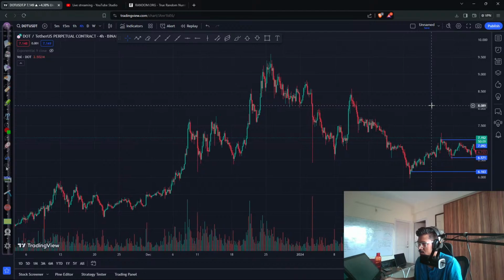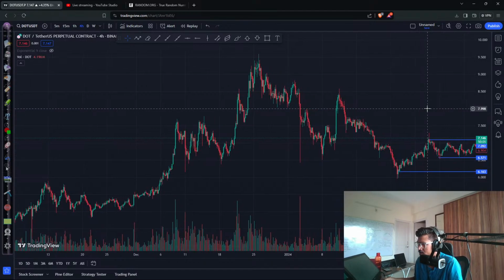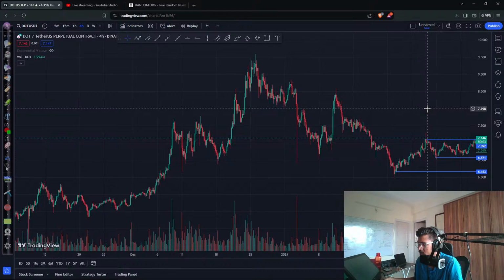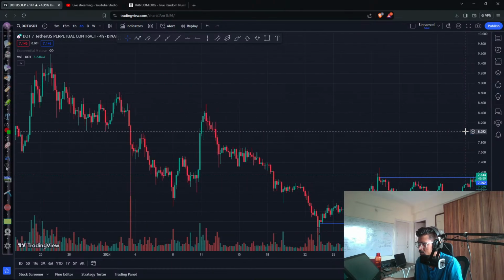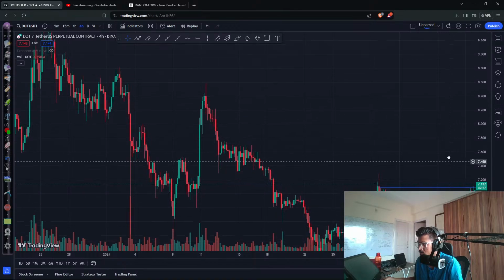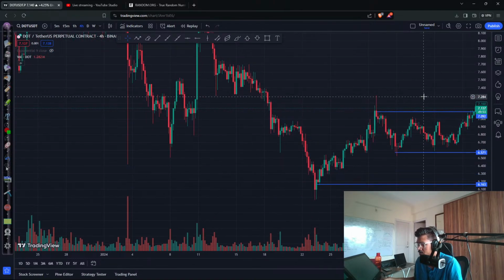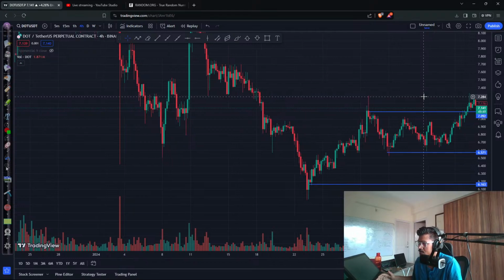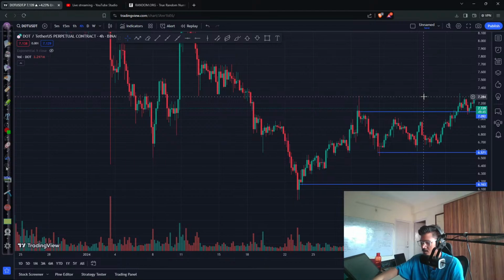So let's see. We are testing that again. We went to the upside, meaning there's an upthrust there, so we'll probably go down from there.